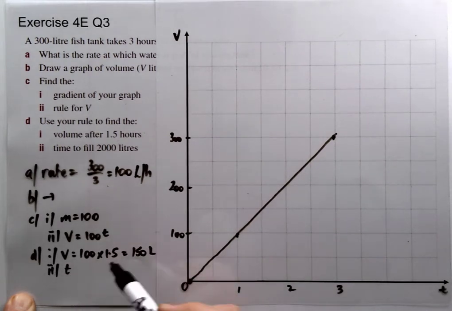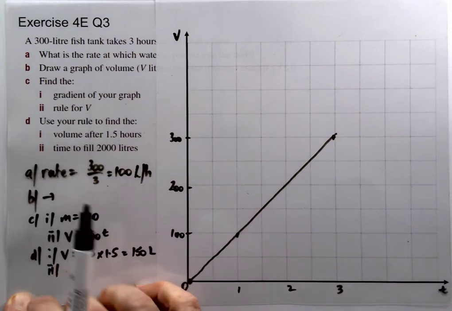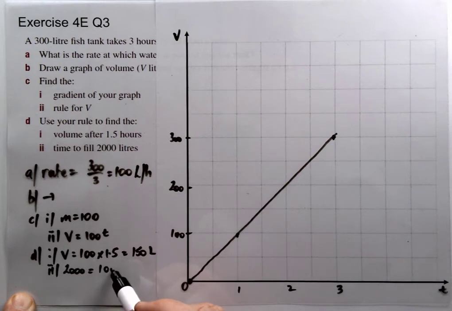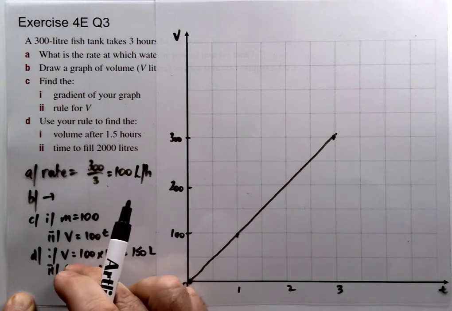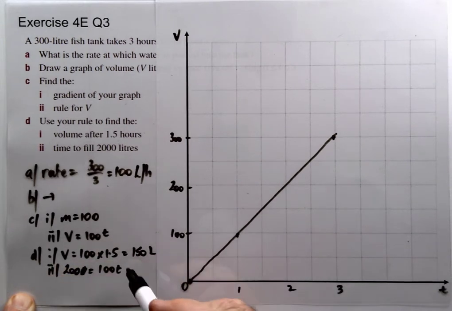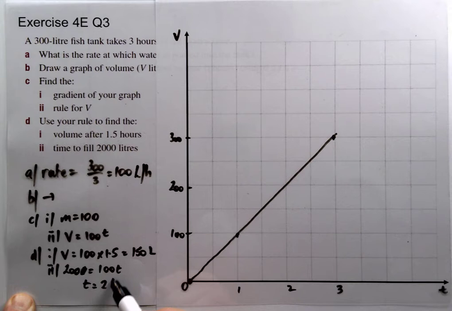And the time to reach 200 litres, again, what we're really doing is we're solving 200 is equal to 100t. Sorry, I wrote 2,000, that should be 200. Dividing through by 100, we'll get t is equal to 2. Again, that's going to be a time, so that will be in hours.